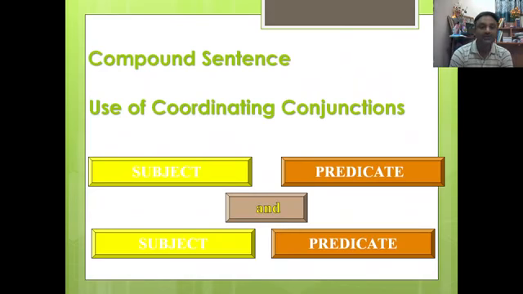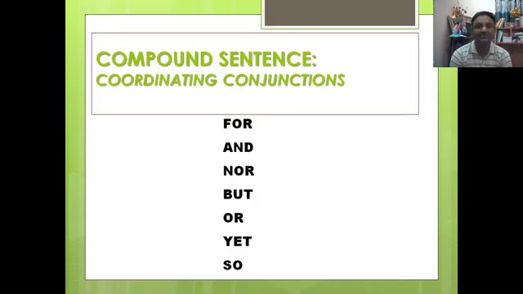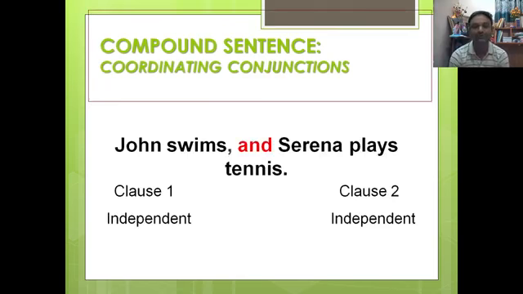Now by using the coordinating conjunction, and subject and predicate the same way, John swims and Serena plays tennis. It has been categorized into two separate parts. So in a compound sentence, the coordinating conjunctions we use are words like for, and, nor, but, or, yet, so.